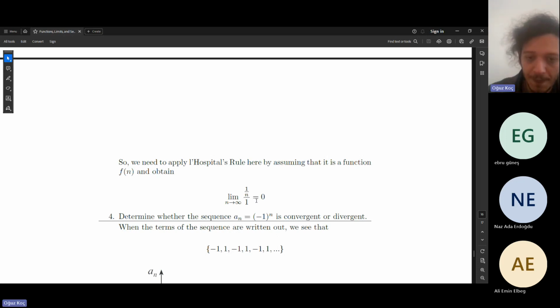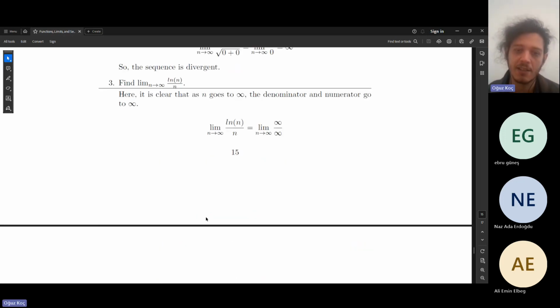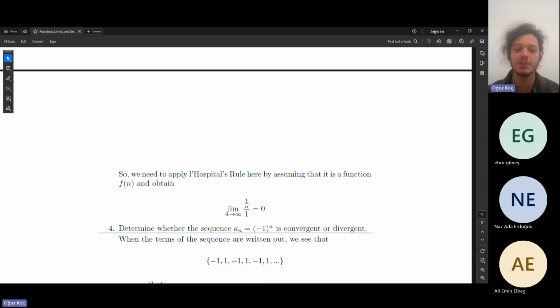In this situation, taking the limit when n goes to infinity is very easy, since we know that when n goes to infinity, 1 over n goes to 0, and we already have 1 in the lower side. When we divide 0 by 1, we get 0, and then we can say that the sequence is convergent, and it converges to 0.